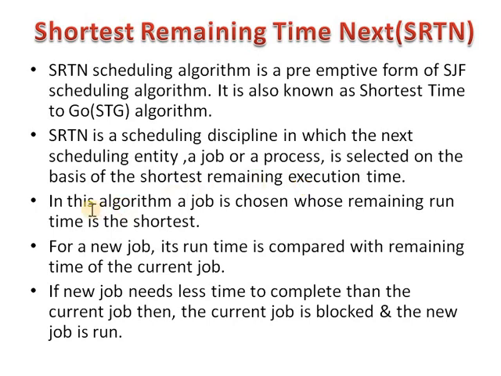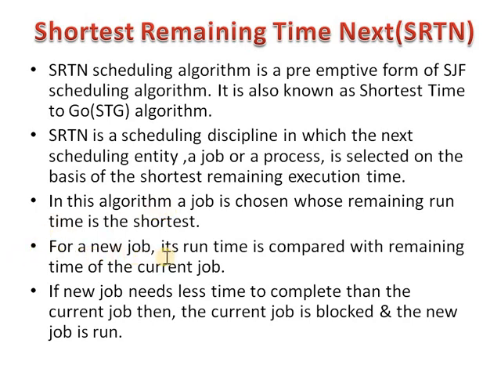That means in this algorithm, a job is chosen whose remaining time is shortest. Here, a process or a job is chosen whose remaining execution time is the shortest.